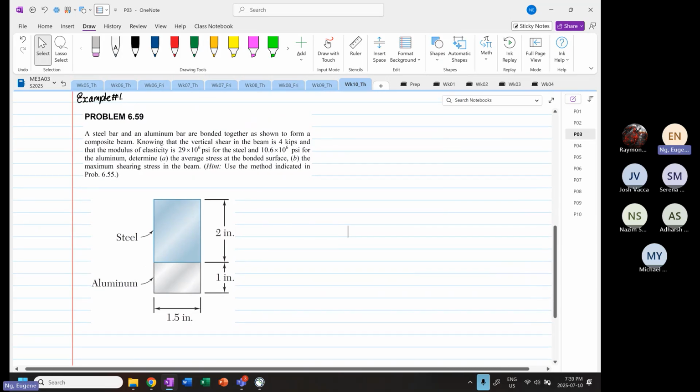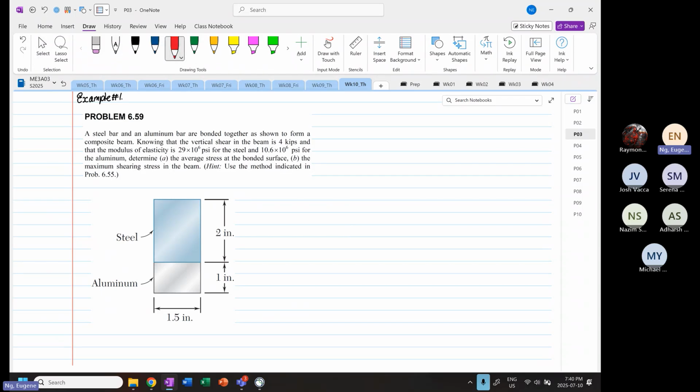It states that a steel bar and an aluminum bar are bonded together as shown to form a composite material. Knowing that the vertical shear of the beam is at 4 kilopounds, we have Vy, which is equal to 4,000 pound force.